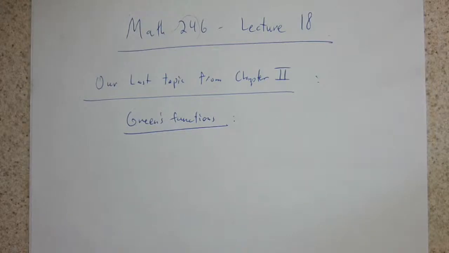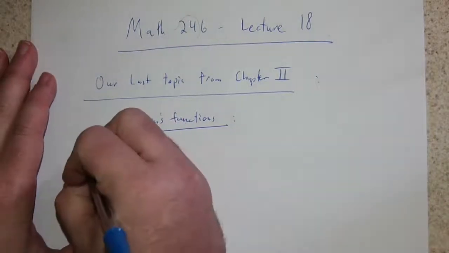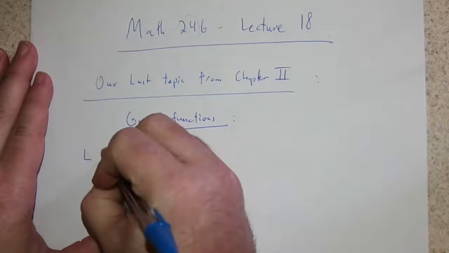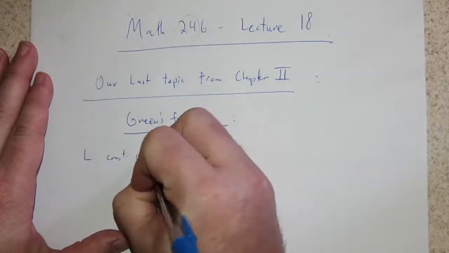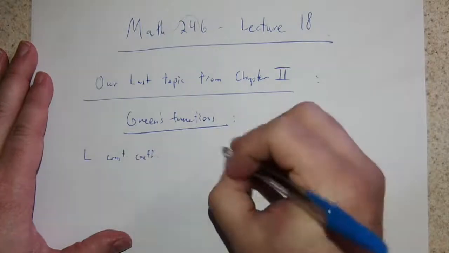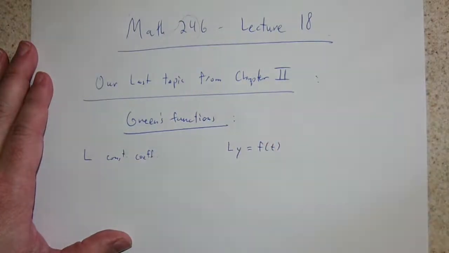What is a Green's function? The idea here is as follows. Suppose that I have a constant coefficient differential operator. So L is a differential operator of some order, has constant coefficients, and consider the equation Ly is equal to f of t.